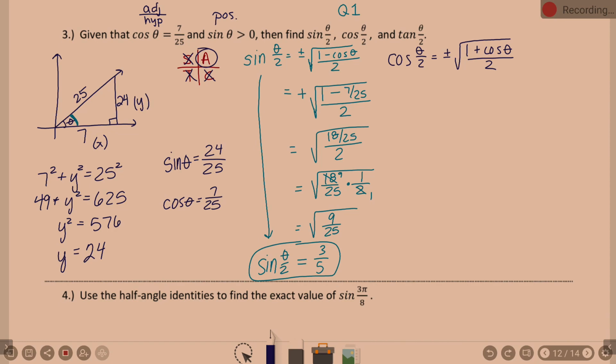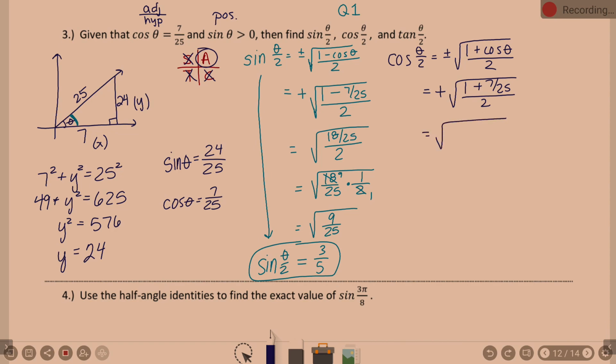Okay, plus or minus. Well, again, we're working in quadrant 1. Everybody's positive in quadrant 1. Sine was positive, cosine's positive. So this is going to be the positive square root. 1 plus cosine theta. What is cosine theta? 7 over 25 divided by 2.